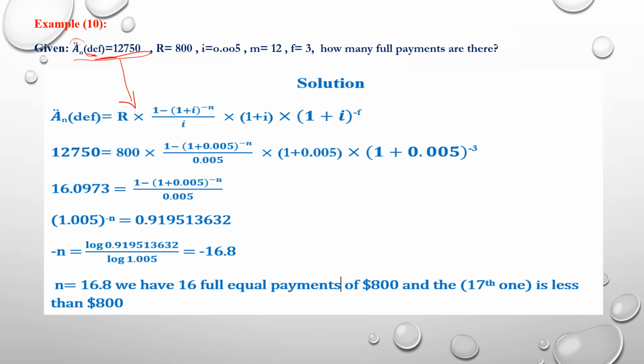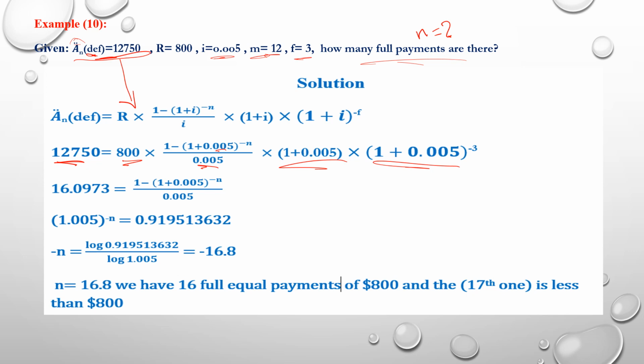We have a-n and we have r, which equals $800, and we get i, m equals 12, f equals 3. So we don't have n, and he's asking how many full payments there are, so he's asking about n. By substituting a-n and r times (1 minus (1 plus i) to the power of minus n), and we don't have n, over i, times (1 plus i) to the power of minus f.